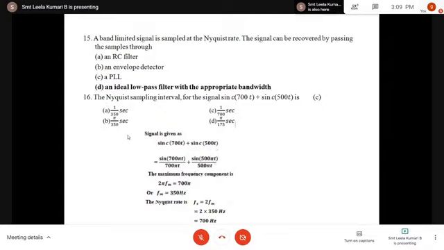And the Nyquist sampling interval for the signal sinc 700t plus sinc 500t is. So the signal is given by sinc 700t plus sinc 500t, where this sinc function can be written as sin 700 pi t by 700 pi t plus sin 500 pi t by 500 pi t.